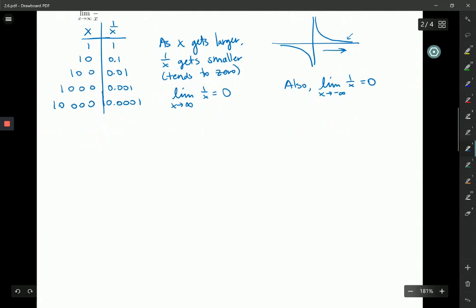Okay, actually we can generalize this a little bit. So we get the same behavior. In fact, if we have a number r greater than 0, and if this is a rational number, then we can also say that the limit as x goes to infinity of 1 over x to the r is equal to 0.